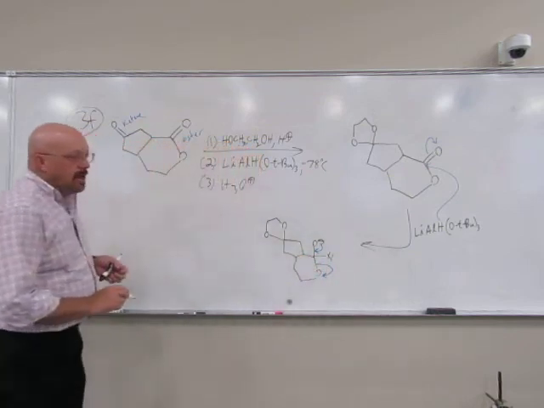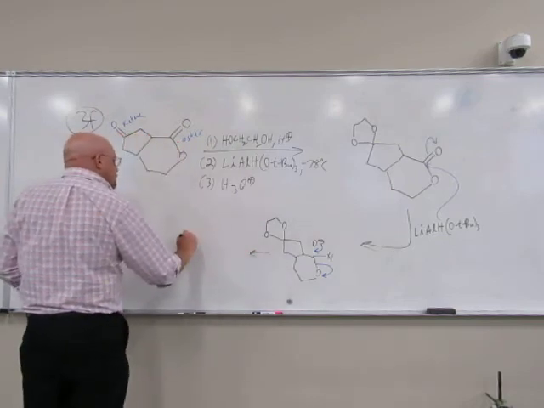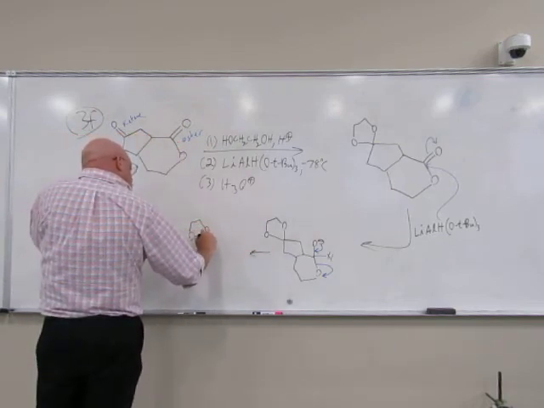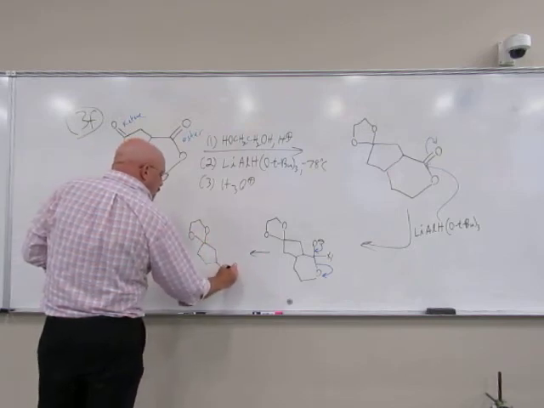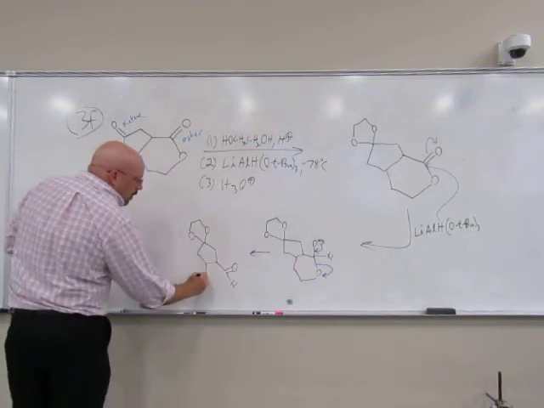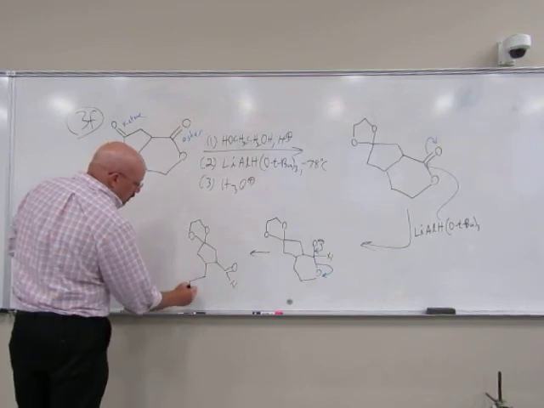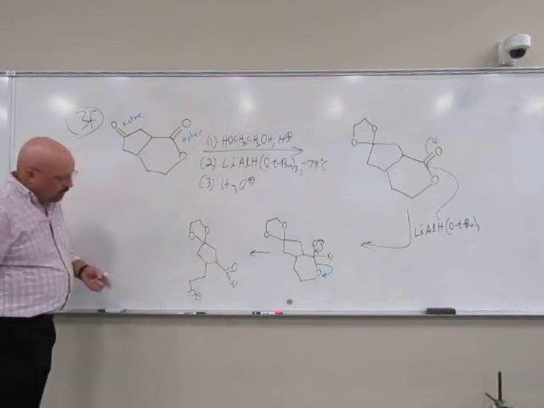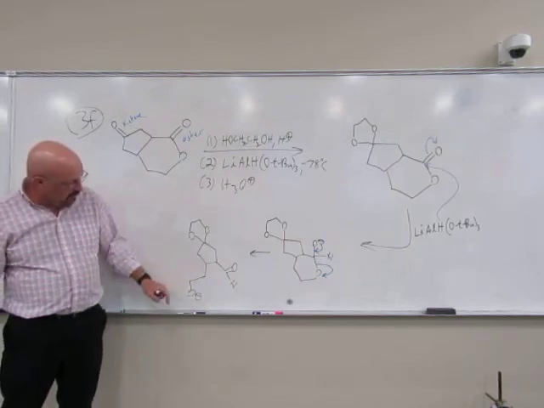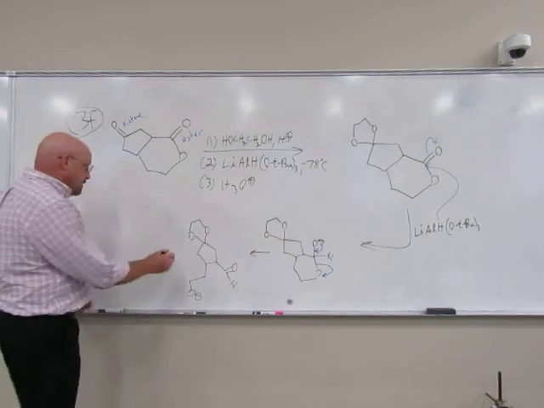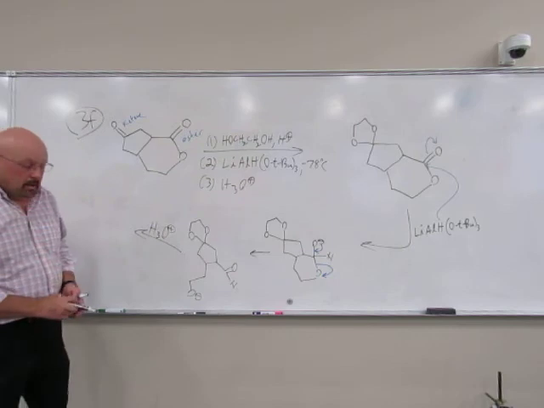Now that's a cyclic ester, so that oxygen is still attached back on the back side. He left off, but it's still attached on the other side. But we've made the aldehyde. Now, last step, we're adding in acid and water.